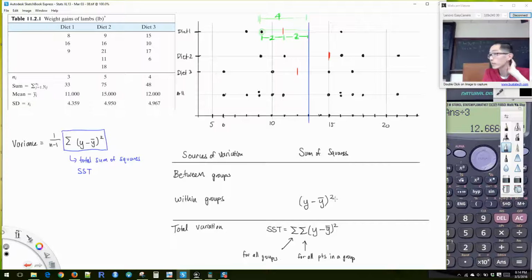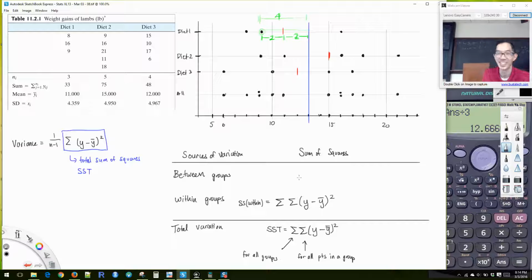Then we do it for every single point within a group, and then do it for all the groups. So SS within is equal to the sum of y minus y bar squared, for all points in a group and for all the groups. Is that okay conceptually?